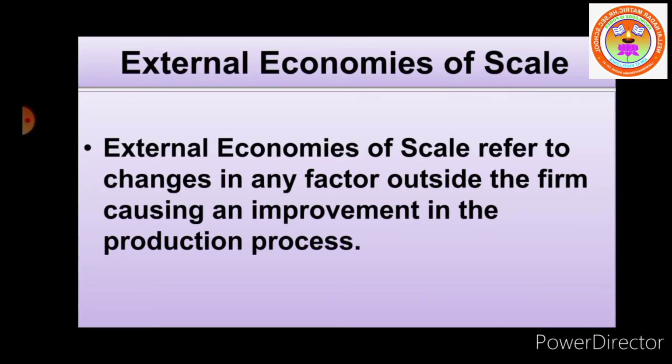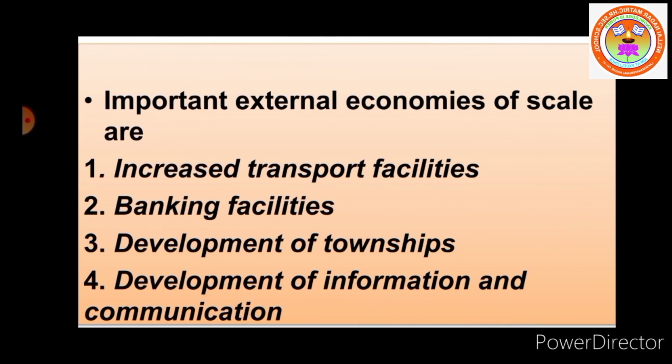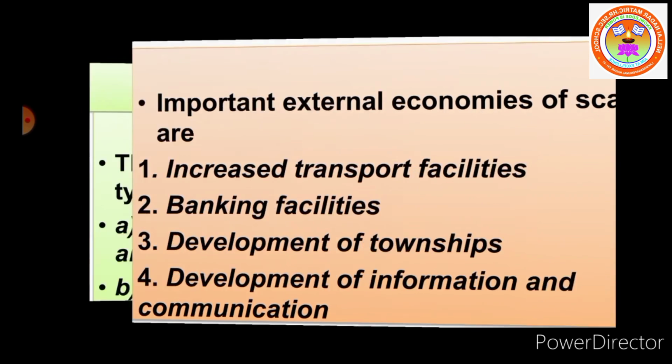These are the advantages enjoyed by all the firms in the industry due to the structural growth. The important external economies of scale are increased transport facilities, banking facilities, development of townships, development of information and communication.